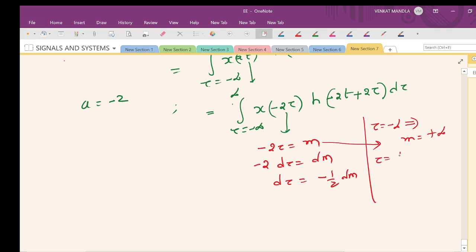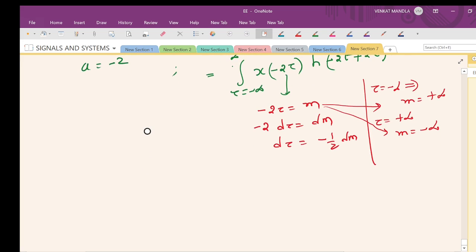If tau equals +infinity, m equals -infinity, from this equation itself: infinity into -2 gives -infinity. So the limits are m from +infinity to -infinity.